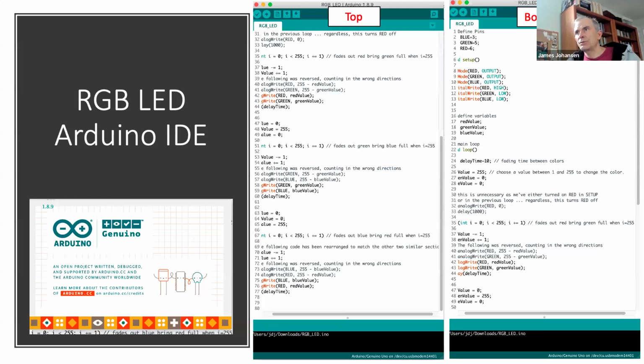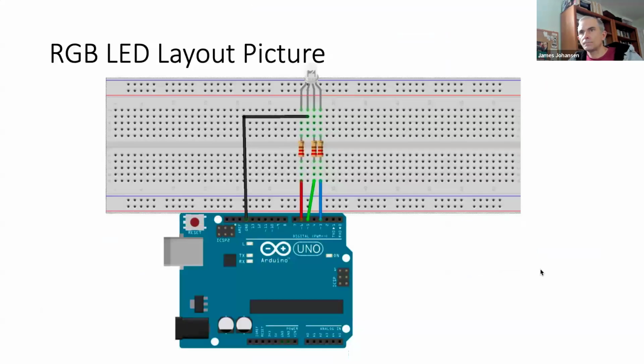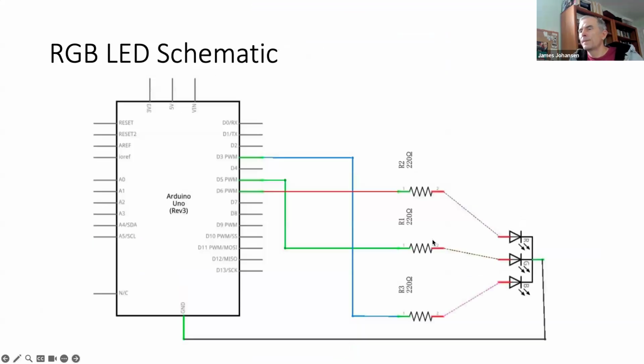And basically what you're doing in this program is you're having the three inputs, the red, the green, and the blue, that you're causing electrons to flow at an increasing or decreasing rate for each one of these things. And they're out of sync with one another, and you're going to see this RGB LED change color.